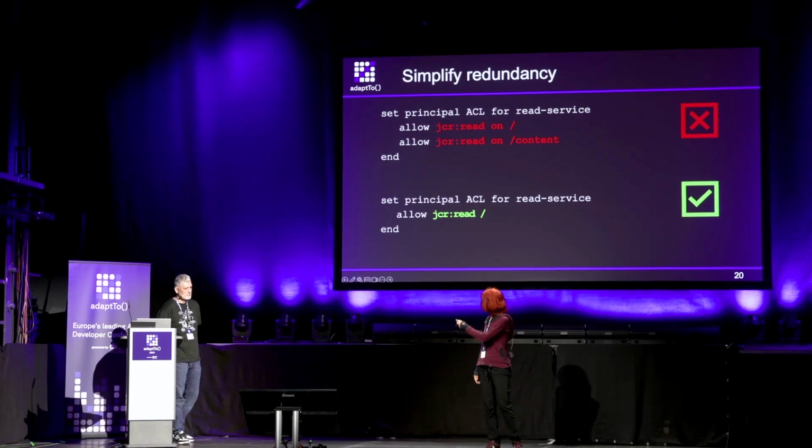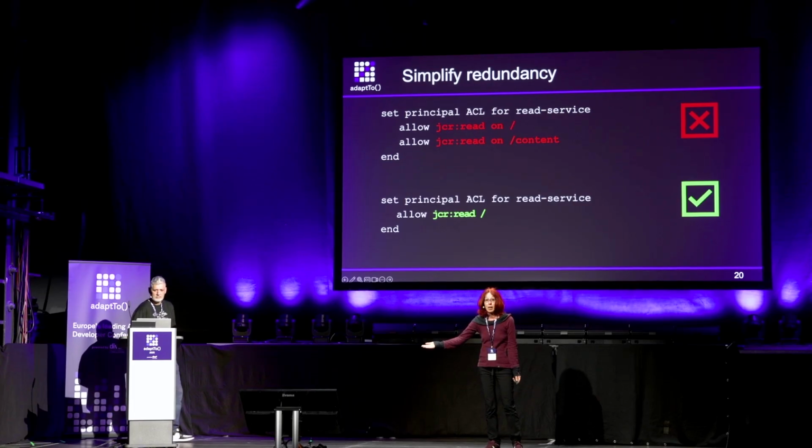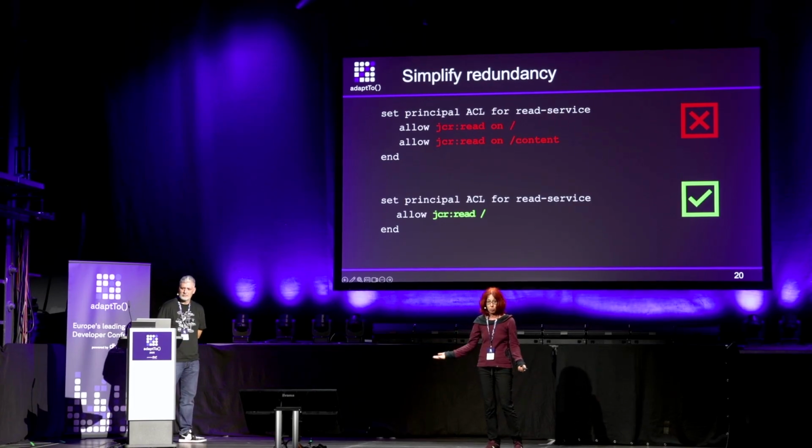You think, oh, I'm having granted read access on content, and probably the group doesn't have access on other places, but you actually had a read access on /. So you actually granted read access everywhere. So again, and this goes back to what Alejandro was saying, be mindful of what you're granting and where you are granting your permissions. And the simplified version would just be set principal ACL for this read service, allow read on /, if you need the read access on the whole repository, obviously.